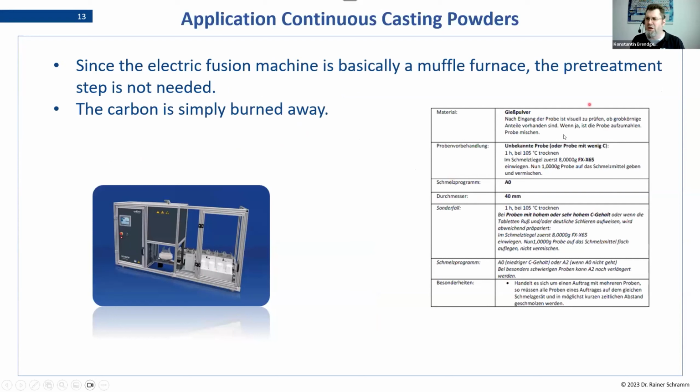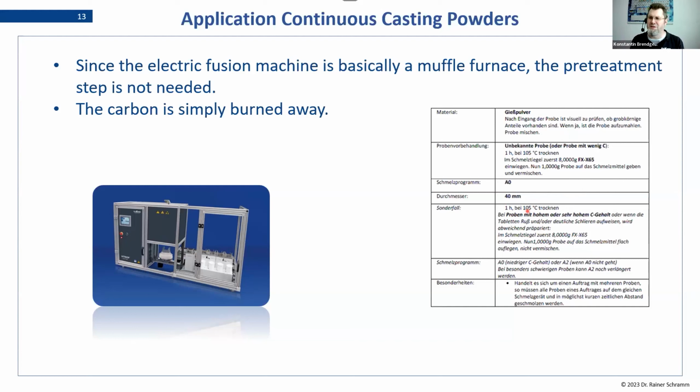And what we do here is we don't need the pre-treatment. We do a different trick: while usually we would mix the sample with our tetraborate, in this case, when we know it's a lot of carbon inside, we simply put it on top and then start the fusion. So it can burn away in the fusion machine, in the muffle furnace, before it starts getting liquid and before the agitation and whatnot starts.